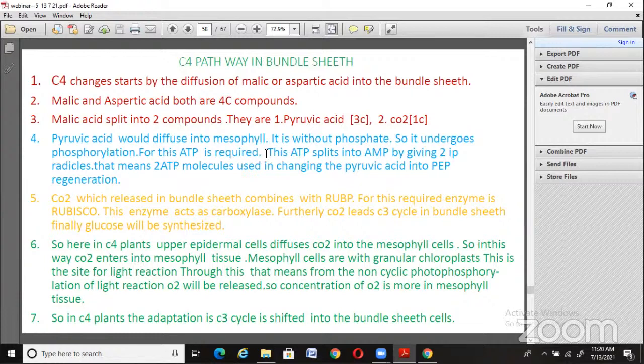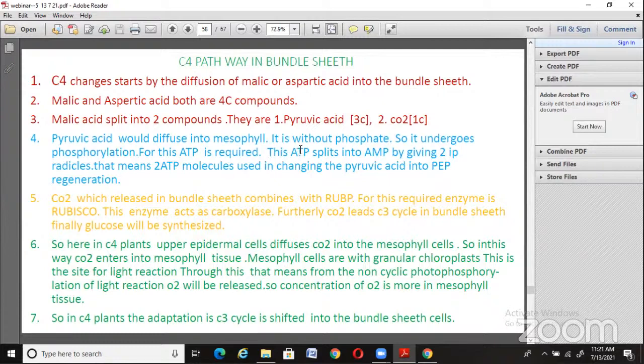Here we have to understand one thing. In the abbreviation ATP, adenosine triphosphate, tri means 3, so there are 3 phosphate groups.